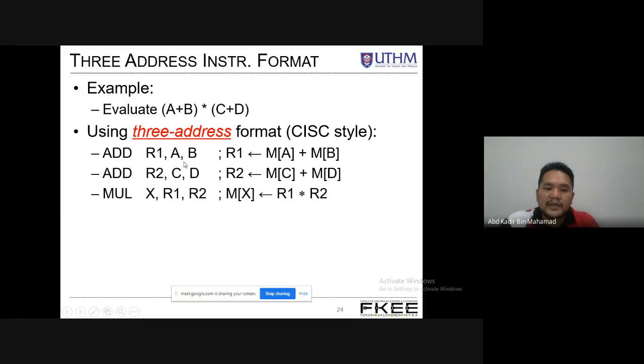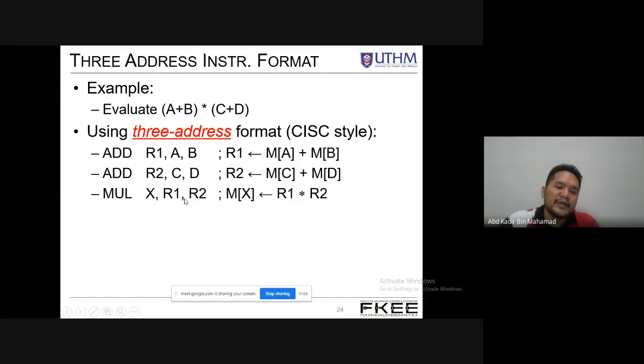Addition R1, A, B. So for three address format, to do evaluation for A plus B, multiplied with C plus D, what you have to do is, these two A and B, you store at R1, C and D store at R2, then you do the multiplication between R1 and R2.